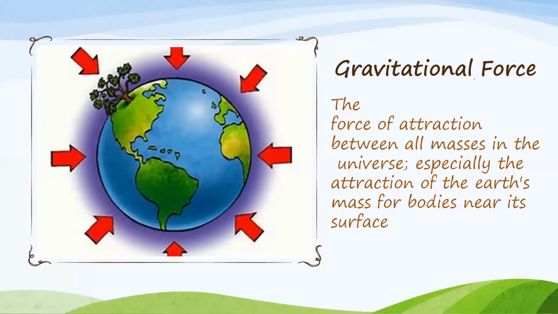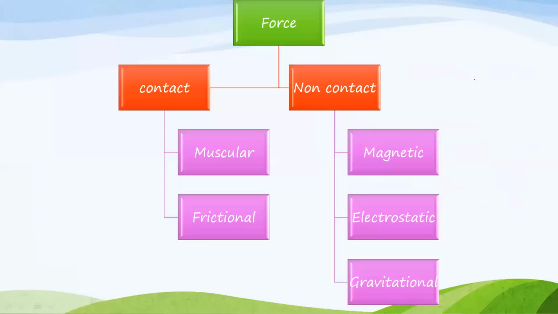That is why Earth is able to revolve in a fixed orbit around the sun. Otherwise, Earth might be moving somewhere else, right? So there is no direct contact required for gravitational force to happen. So gravitational force is classified under non-contact force. One major distinction between gravitational force and the other two non-contact forces is that gravitational force will always be attractive in nature.